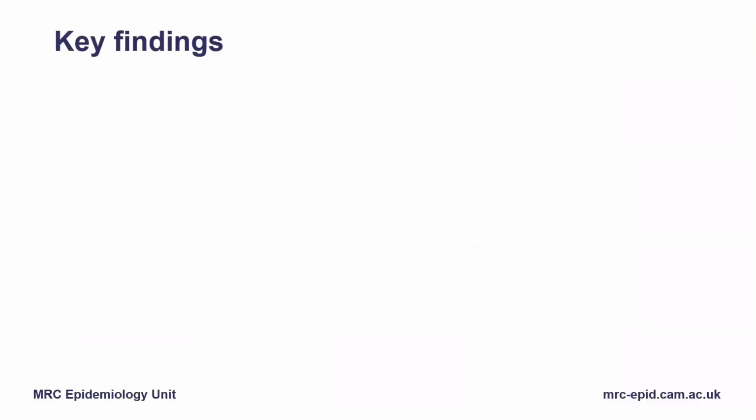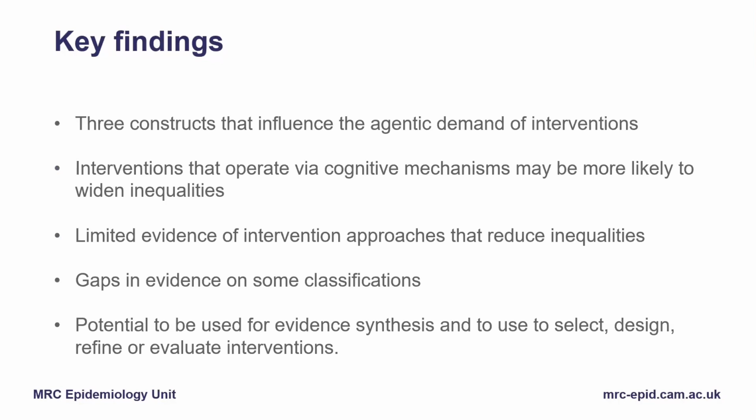So I'm going to start to sum up what I've presented. The first thing is that we have identified three constructs that influence the agentic demands of interventions. The results of applying this have found that interventions that operate via cognitive mechanisms may be more likely to widen inequalities.